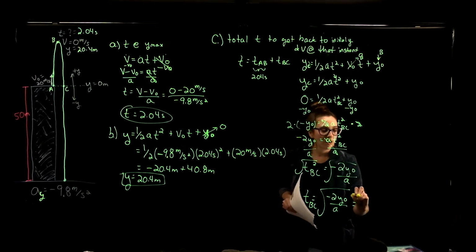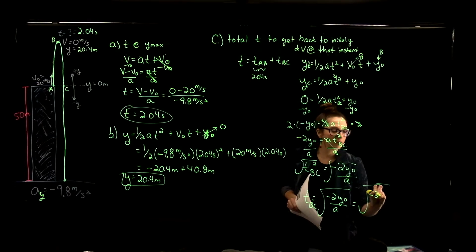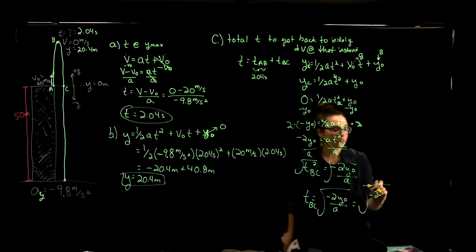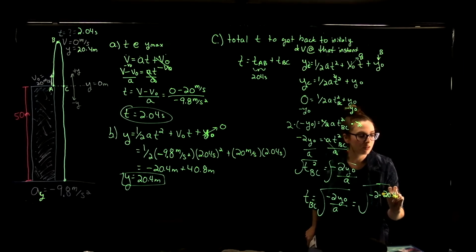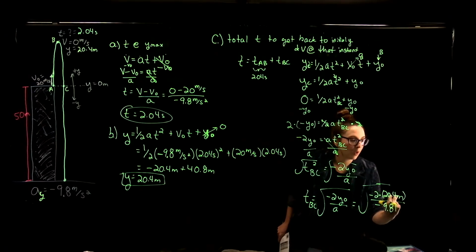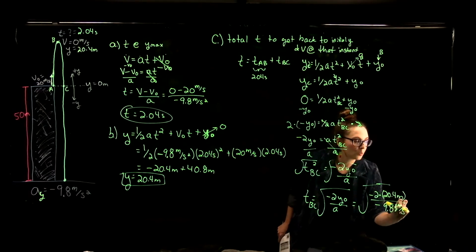The initial y position at point B was 20.4 meters, and then we're dividing that by minus 9.8 meters per second squared.